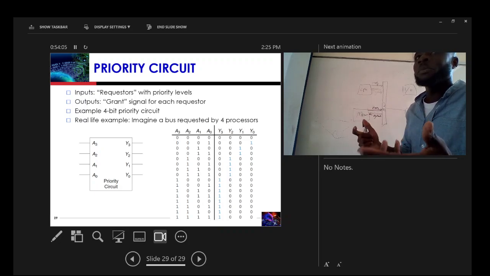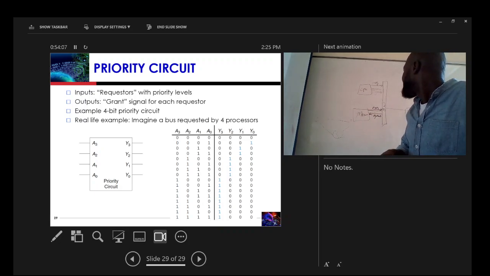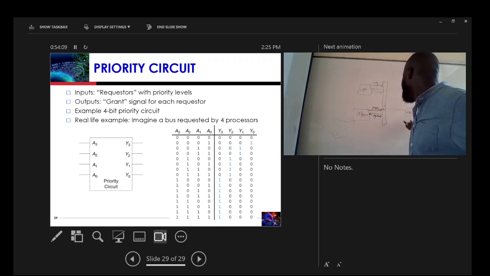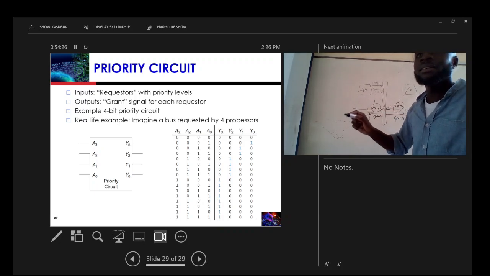So now the most important question: if the memory requests the bus and the accelerator also requests the bus at the same time, which grant line will be activated?